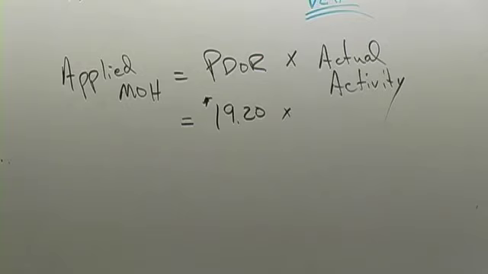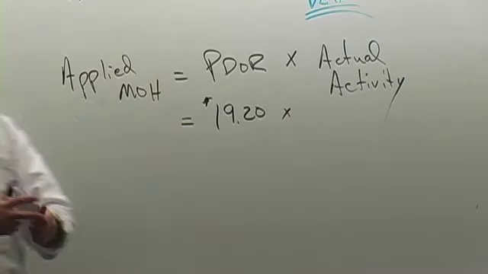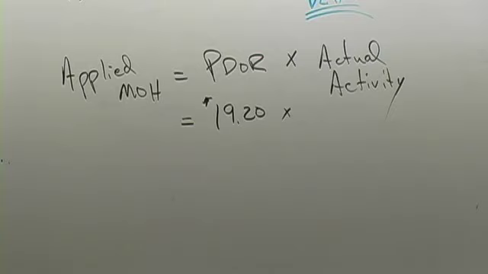Hold it. I need just one other piece of information in there. Why don't you write out the formula? Actual manufacturing overhead? Not actual manufacturing overhead, no. Actual direct labor hours?